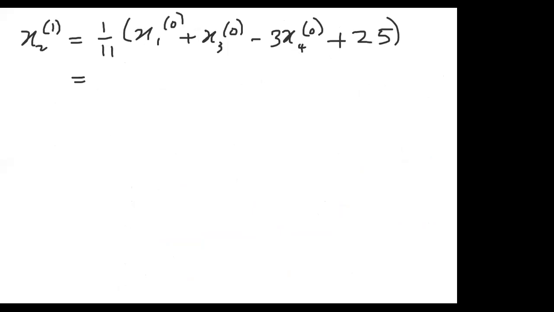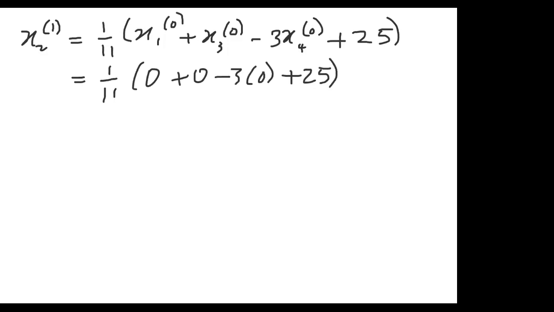So we'll substitute the values of x1(0), x3(0), and x4(0). You'll see that this is just 0 plus 0 minus 3 times 0 plus 25. So this will just give you 25 over 11, which is approximately equal to 2.2727.